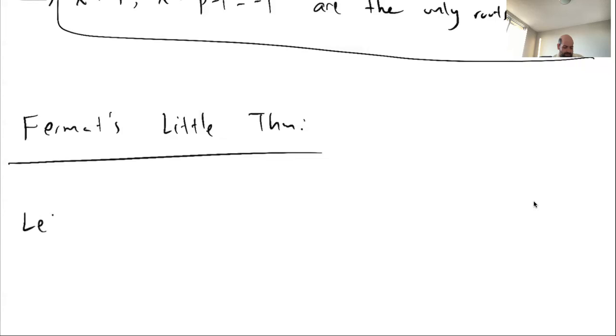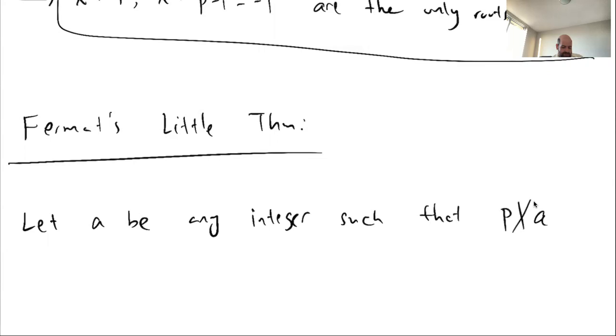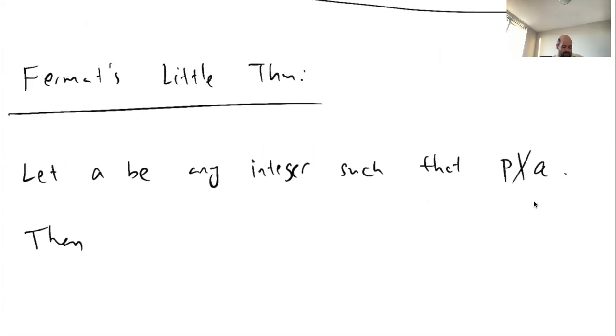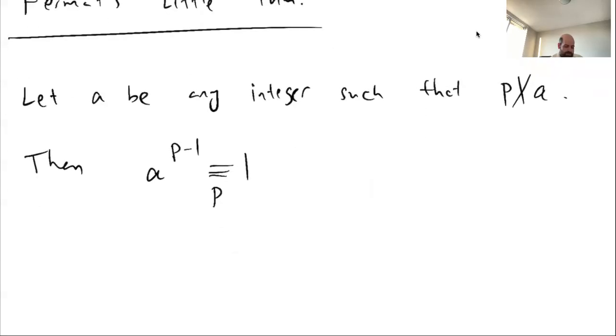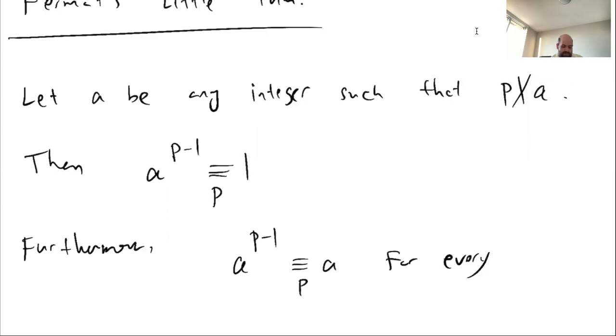So let A be any integer such that P does not divide A, then A to the power P minus 1 is congruent to 1 mod P. And furthermore, A to the power P is congruent to A mod P for every integer A.